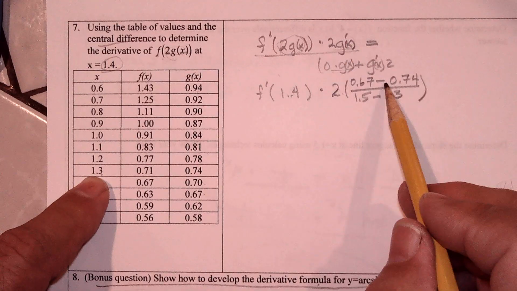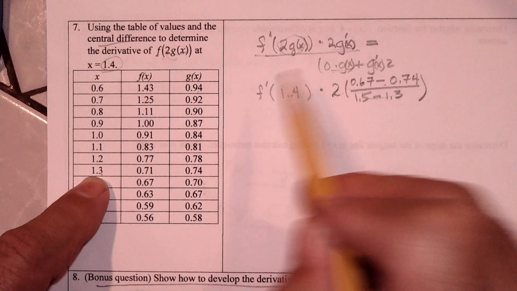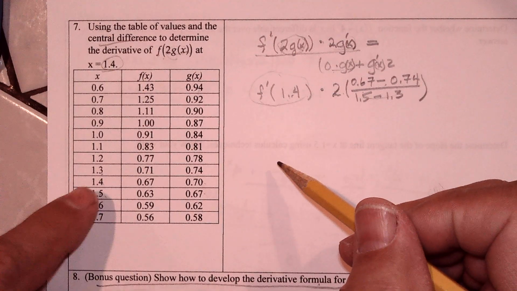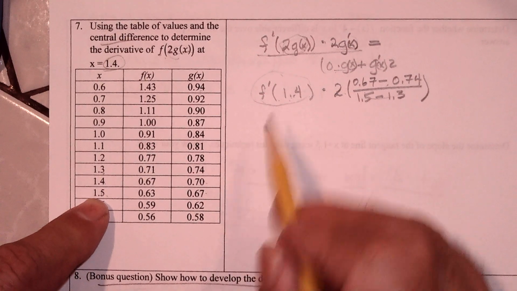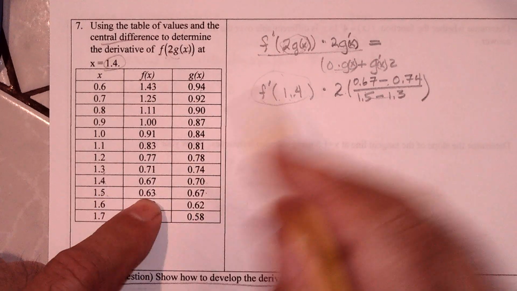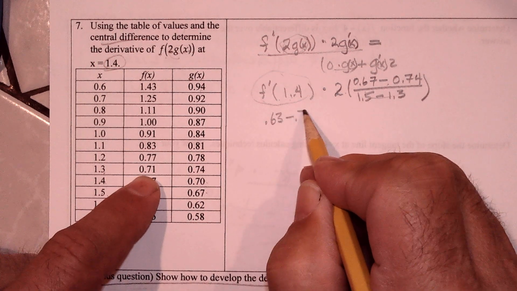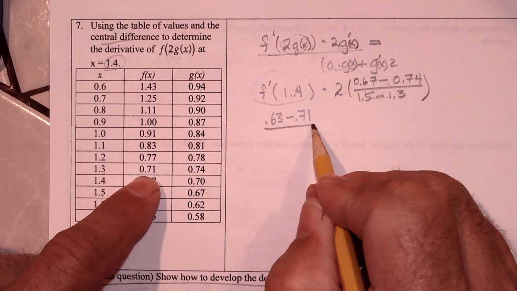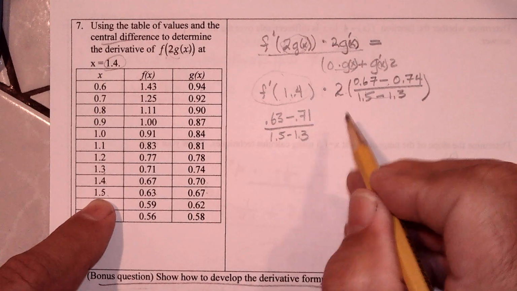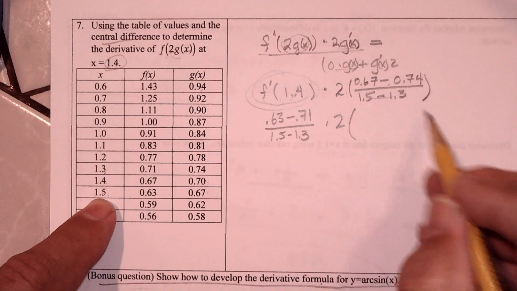That's g prime using the central difference theorem, times 2, and for f at this place, we have to do central difference of that. So we need the slope of f near 1.4, which would be 0.63 minus 0.71 over 1.5 minus 1.3. That's this times 2 times this.